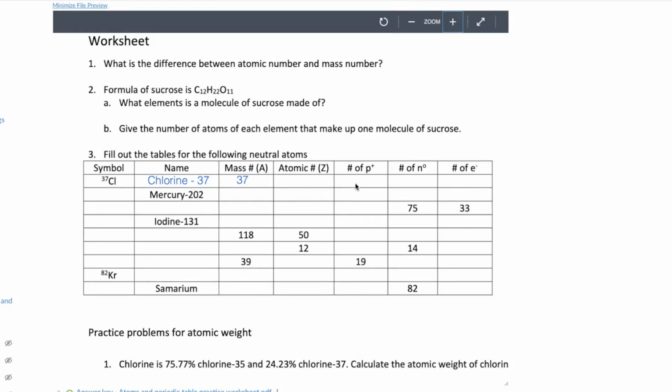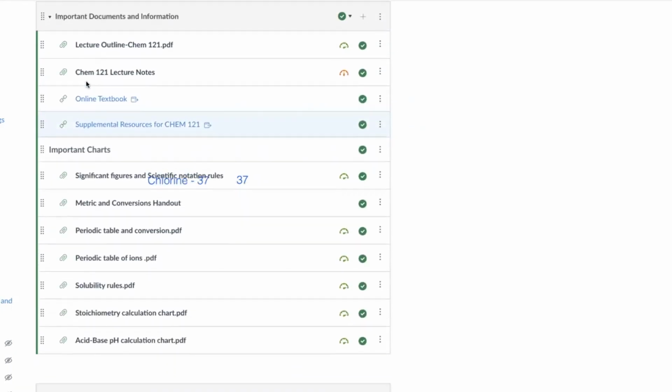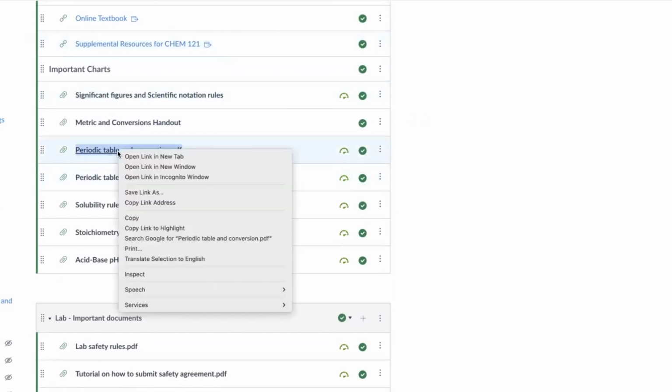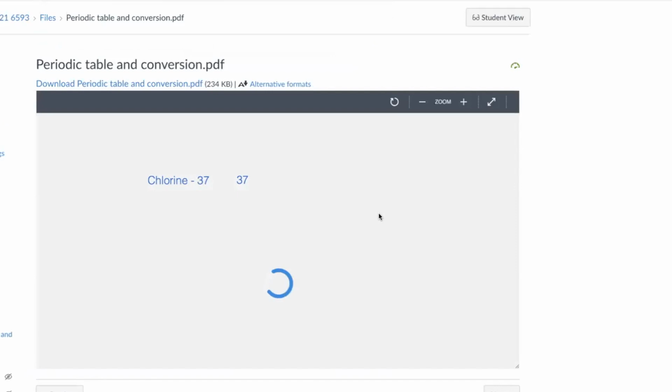To find the proton number, we need the periodic table. So let's go back over here to our module, and you can find the proton number in this periodic table.